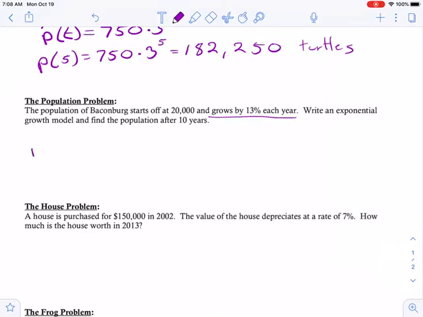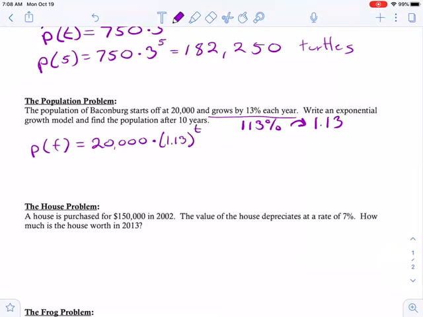So we have the population of a town, but t is just time in this case, is 20,000 times. If we're growing by 13% each year, that means that next year I would expect 113% of the population. So this, converted to a decimal, is what we're going to use as our common ratio.